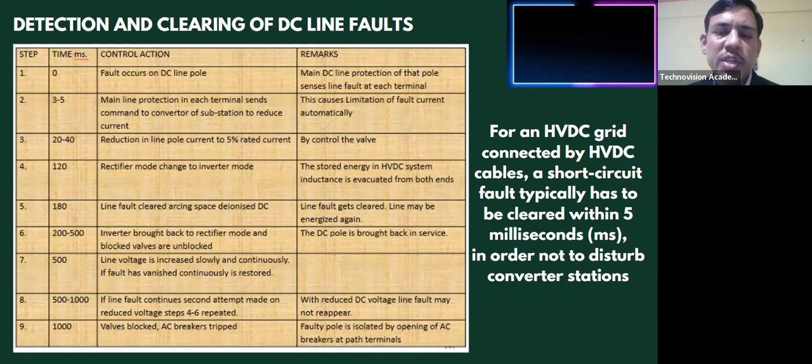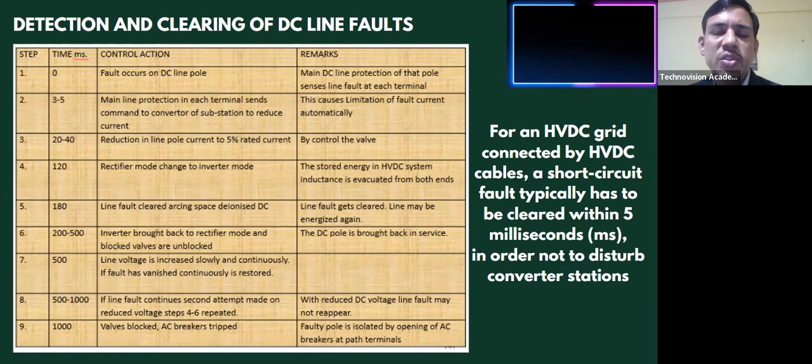So what about HVDC? Within how much time should the fault get cleared? We can say that HVDC has tremendous benefit in fault clearance, because in AC systems we use circuit breakers, and circuit breakers have mechanical contacts. So it takes a certain time to open.